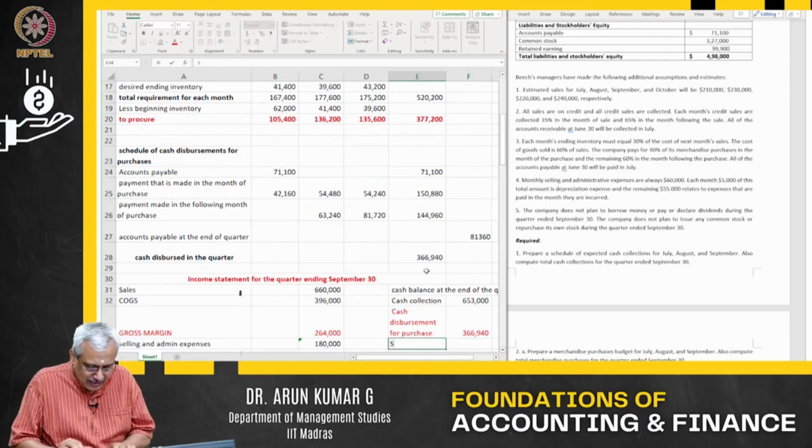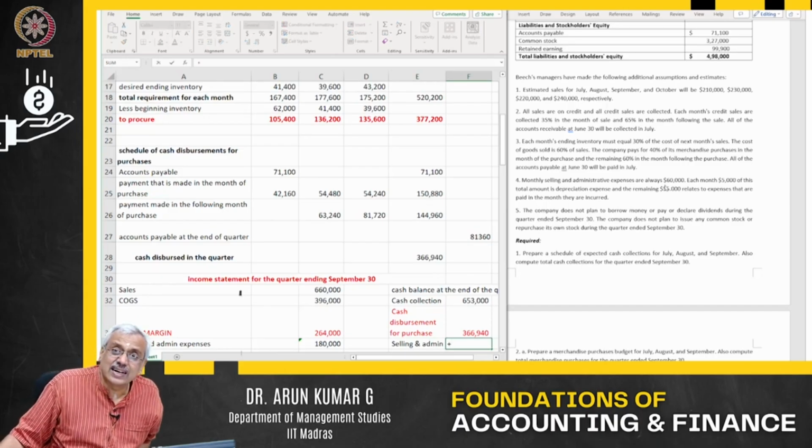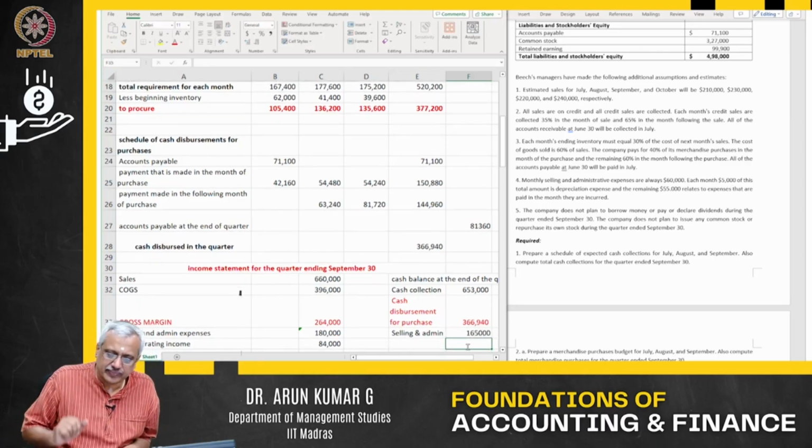Then what is selling and admin expenditure? Please note, 60,000 is the selling and admin, and in that 5,000 is depreciation. So the actual cash outflow is only 55,000.